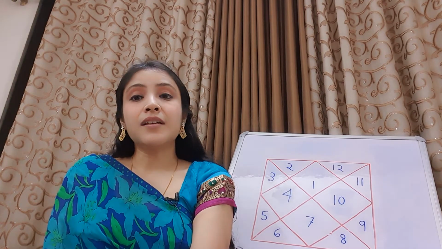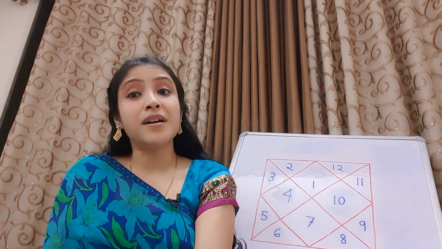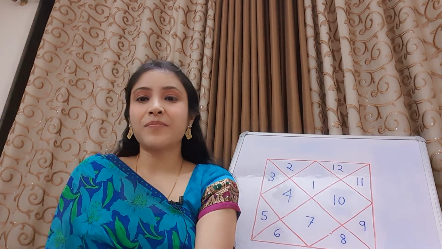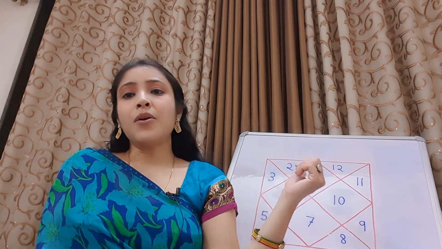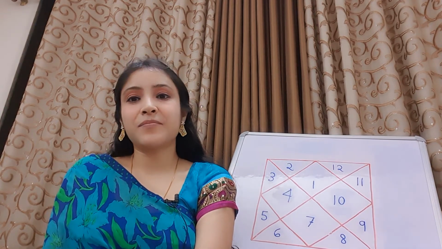So, it's called the Lagna. The Lagna is the birth. So the first house also signifies birth of the native. Now, who is the significator of the first house? Which planet?